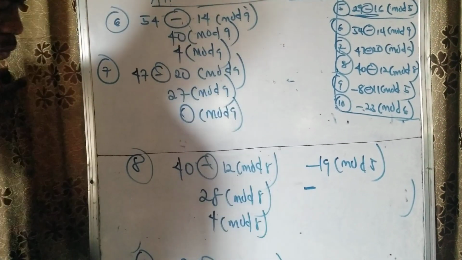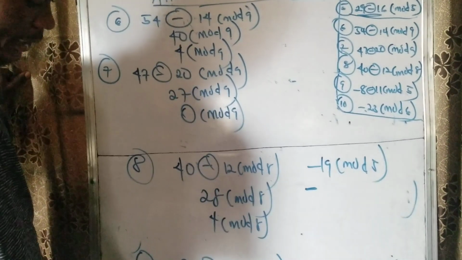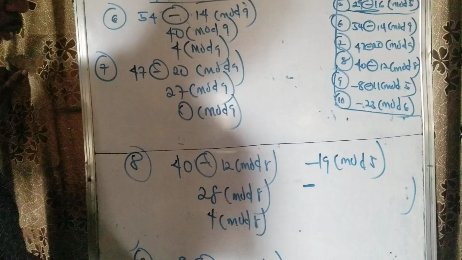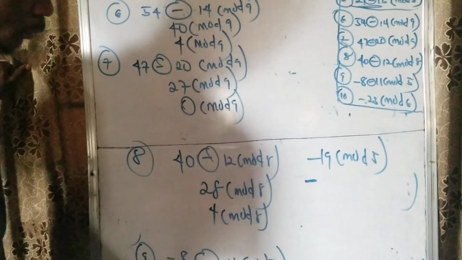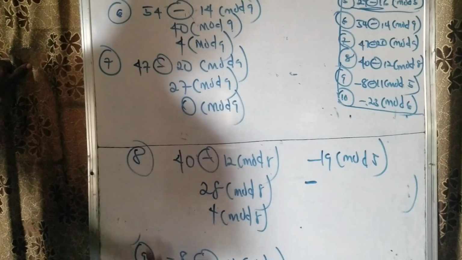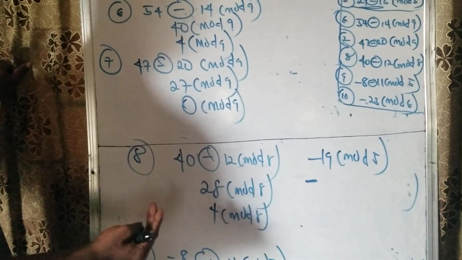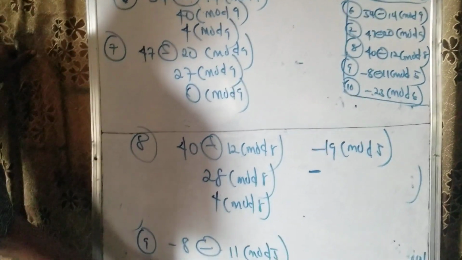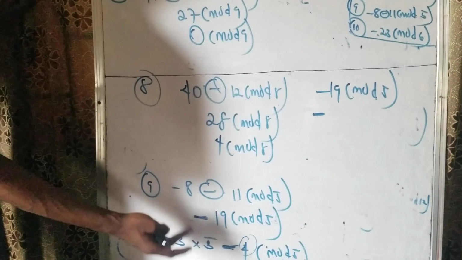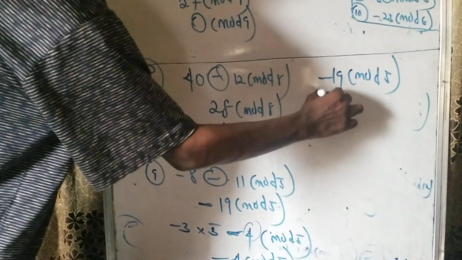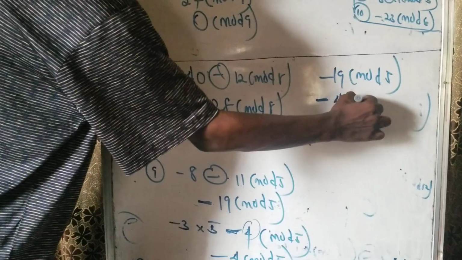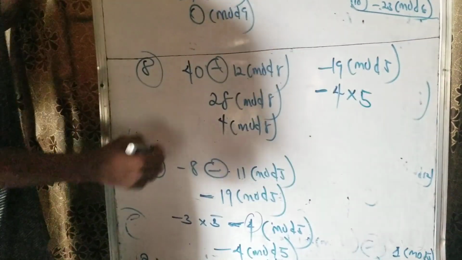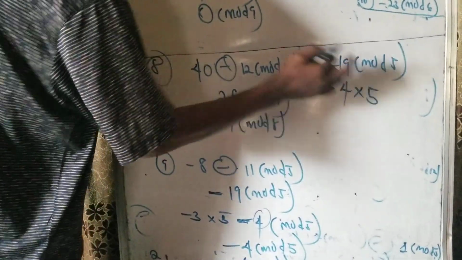We said it will go 3 times, and it will remain 4. But don't forget, it will remain minus 4. So what do you think I'm going to do? I will step up my game. What do I mean by stepping up my game? Instead of writing that we go 3 times, the next number after 3 will be 4. So that will be minus 4 times the mod, which is 5. So minus 4 times 5, what will it give me?